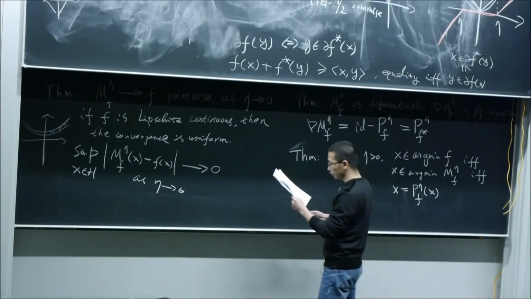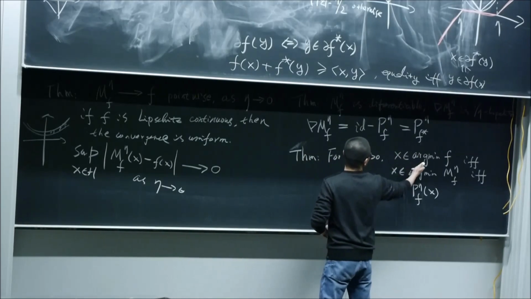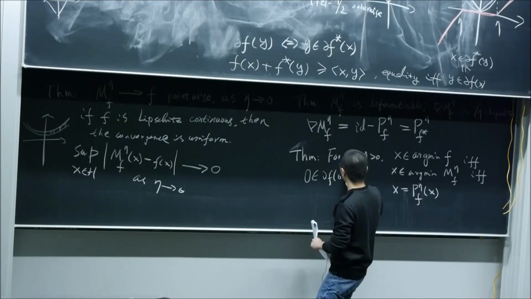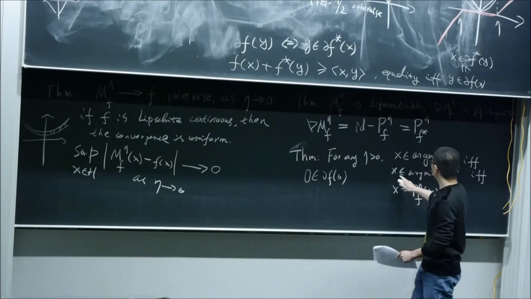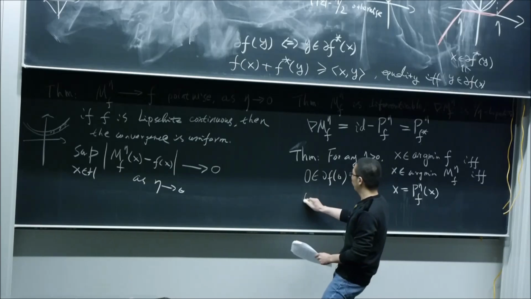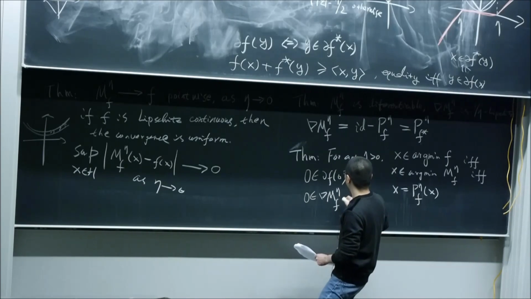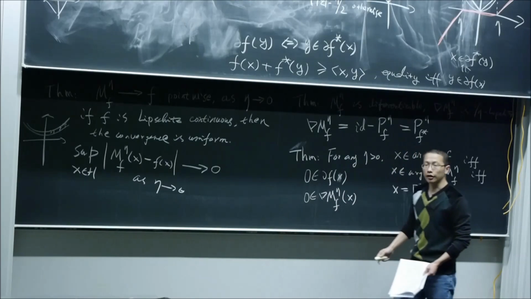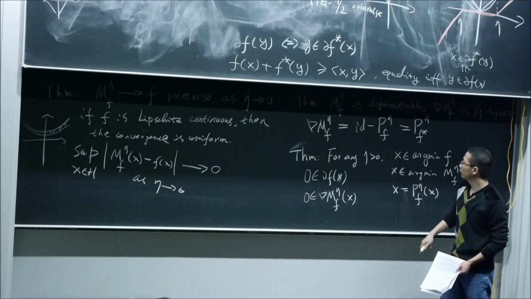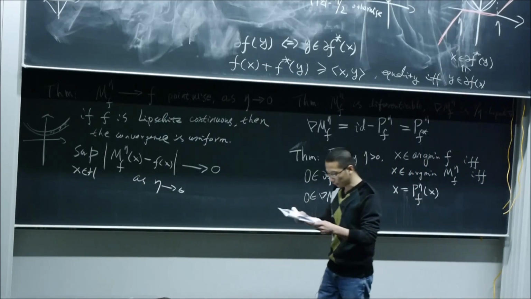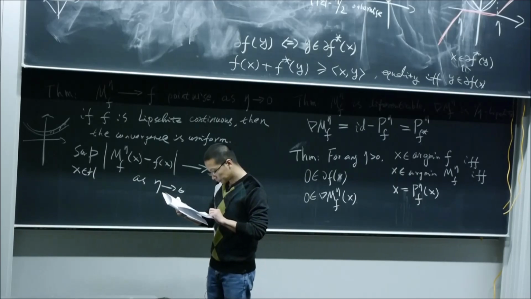Essentially, x is the minimizer if and only if 0 is in the subdifferential, that is, 0 is the derivative of the envelope. Then you can show this one is equivalent to that, and everything is equivalent. Just use this. Nothing fancy. Pretty trivial.